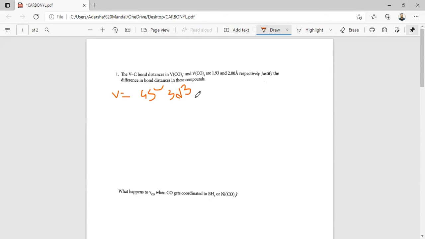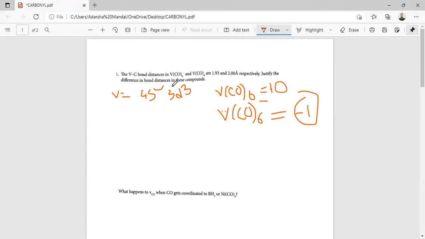In V(CO)6 the vanadium oxidation state is 0, and in V(CO)6 minus the vanadium oxidation state is -1.